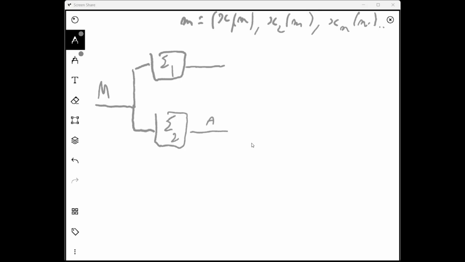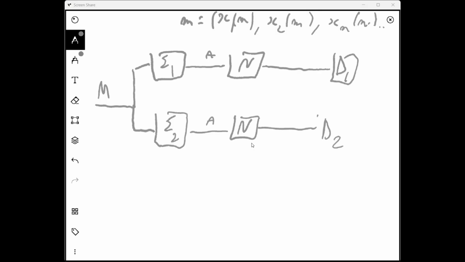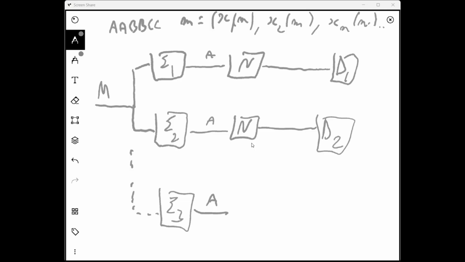After you go through the channel, you do decoding, D1, D2, and Dn. Let's say here we have three of them. We have our message, AABBCC.